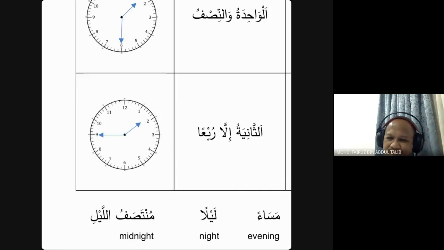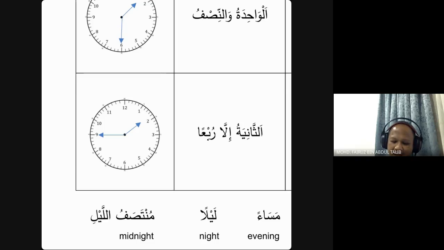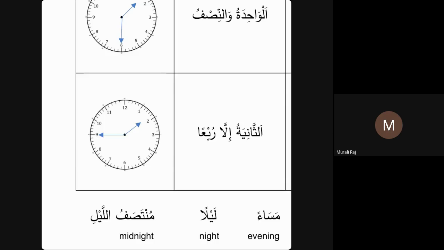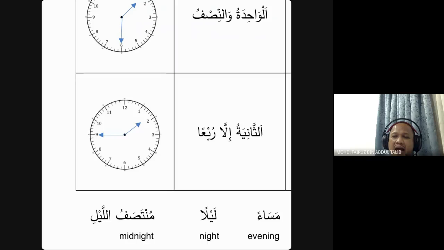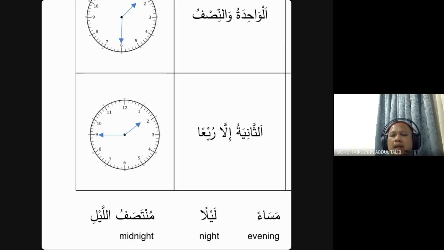Okay, how do you say 9:45? Who wants to try this? As-sa'atu ashira illa rubu'an. Good. As-sa'atu ashira illa ruba'an. Last one, let us say how to say 12:45.